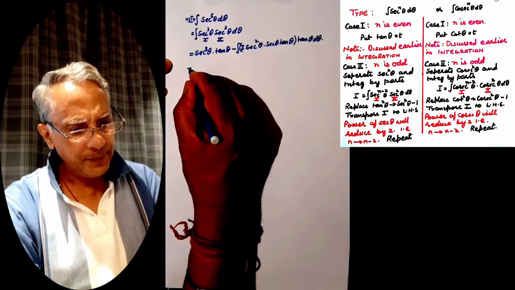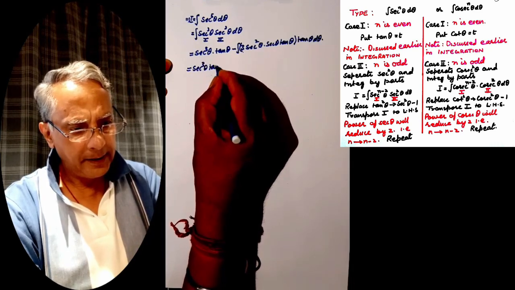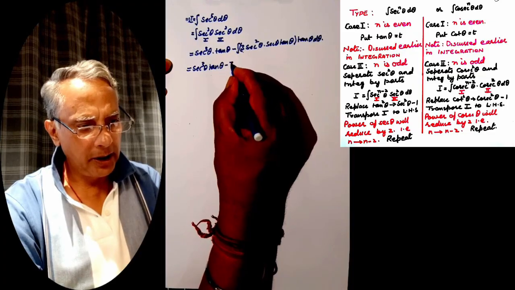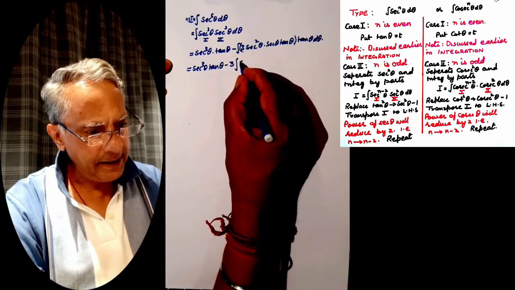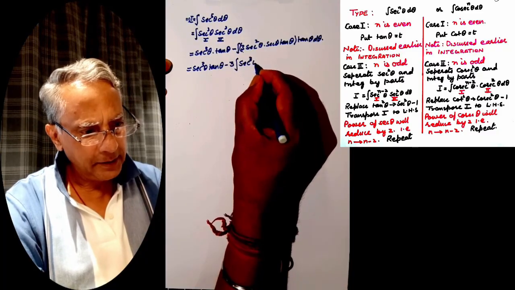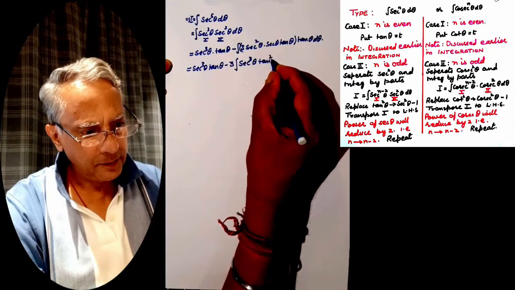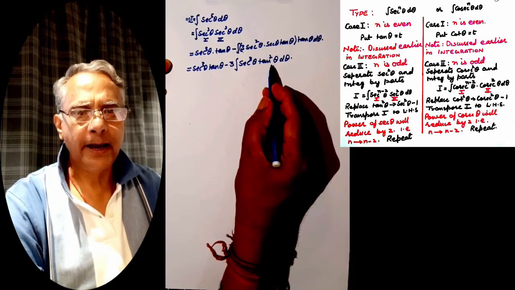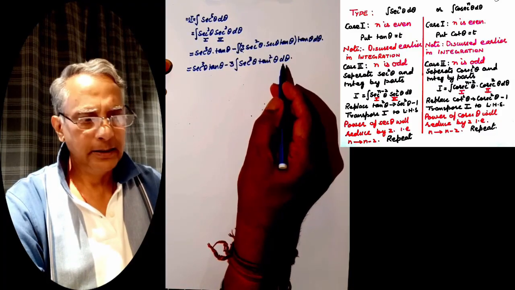and this is equal to secant cube theta tangent theta minus 3 is common, integral of this will be secant cube theta into tangent square theta. Now replace tangent square theta by secant square theta minus 1.